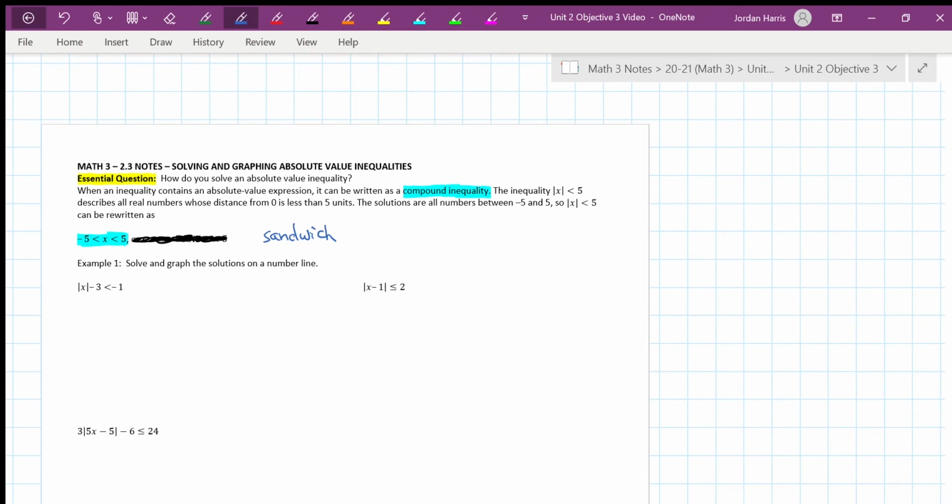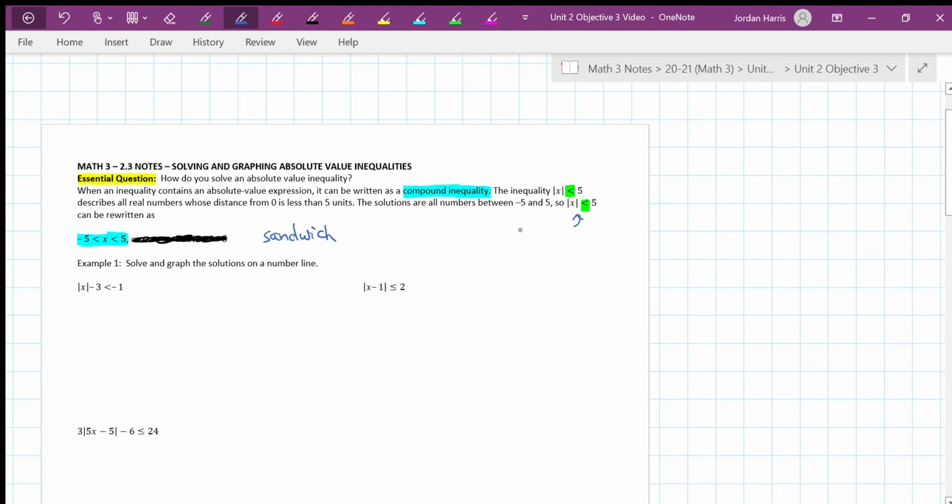Specifically, notice in the question, it was less than. This is when we use a compound inequality: when the problem, once the absolute value is by itself, is less than a positive number. So I'm going to write this out.